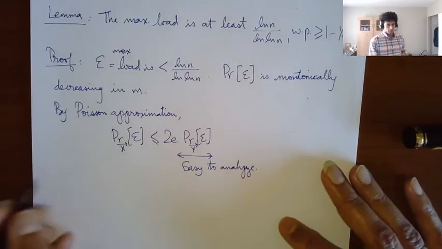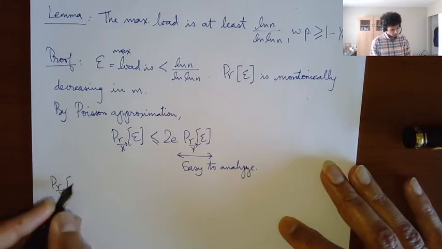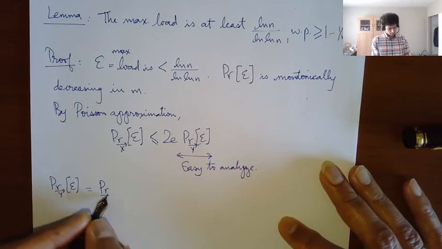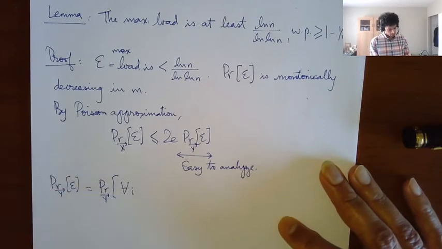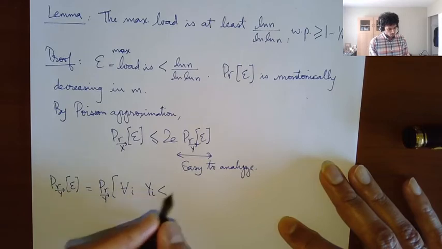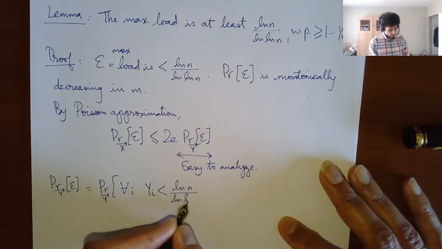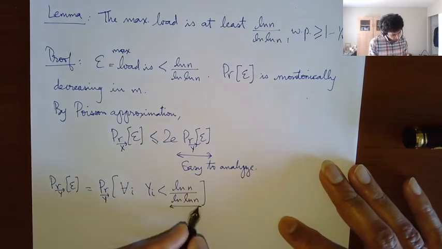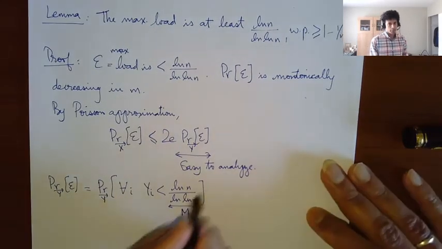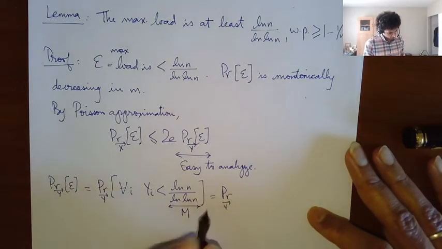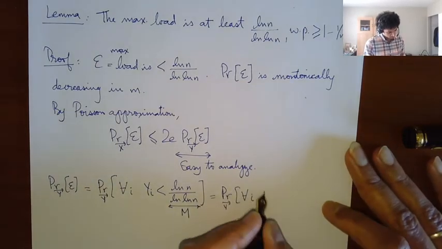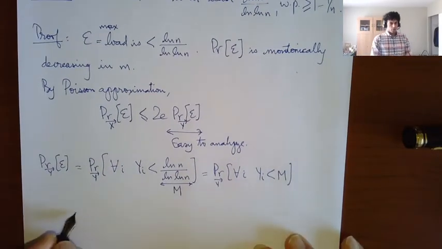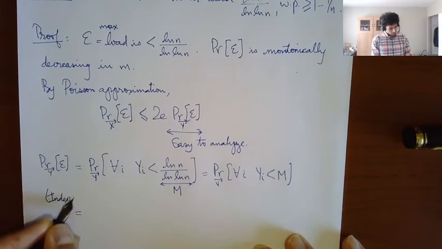Now the probability in the y world of E is the probability over the y's that for all i, yi is less than log n over log log n. I'm going to refer to this as capital M, just for convenience. So for all i, yi is less than M. But by independence, now the power of the Poisson approximation comes up.